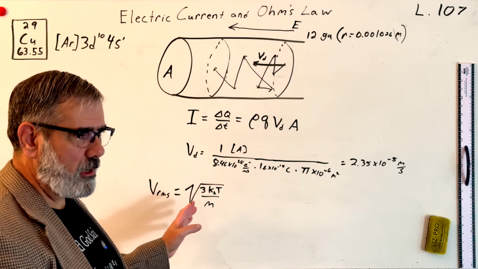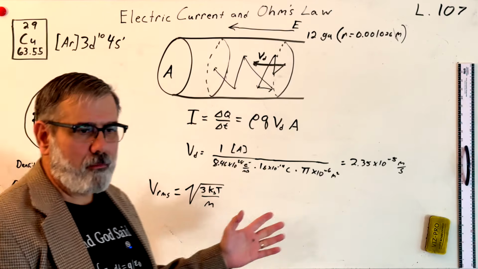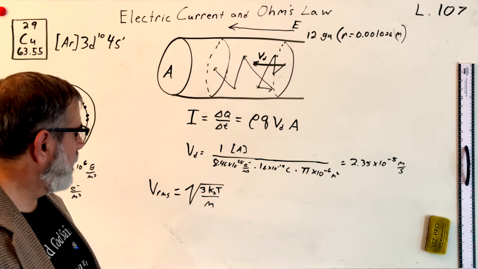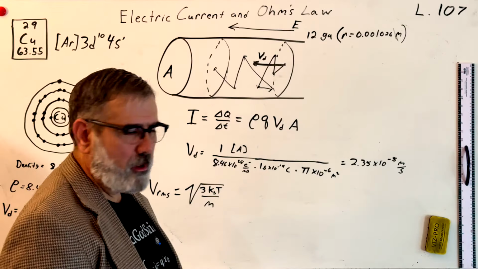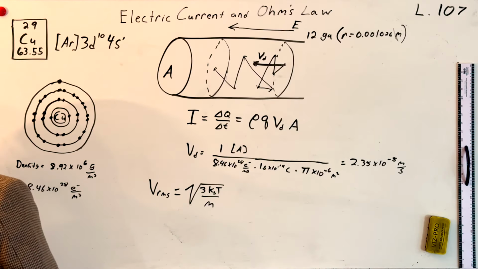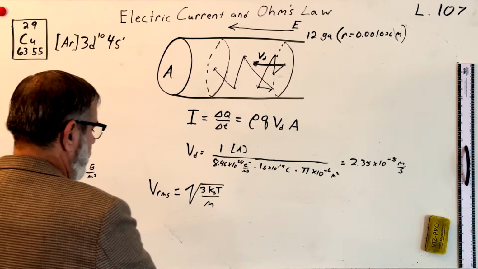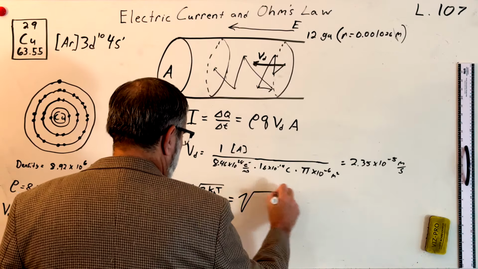It's a little bit improper to treat electrons this way, but if we do, then the root mean squared would be given to us at, say, 300 Kelvin, which is roughly room temperature.